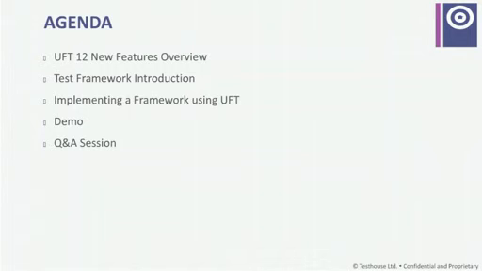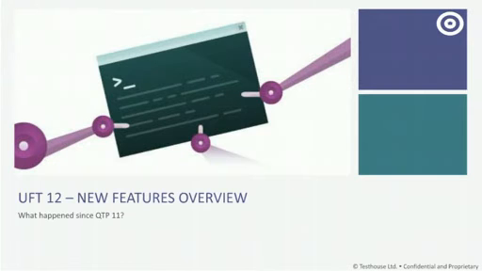We'll have a quick look at implementing a framework using UFT. It's mostly looking at the different aspects or features of UFT that can help us build a framework. And more interestingly, we'll look at a couple of demos where I hope you will see the value of using a framework. And once we finish with this, we'll go back to the Q&A session with Melanie leading the way.